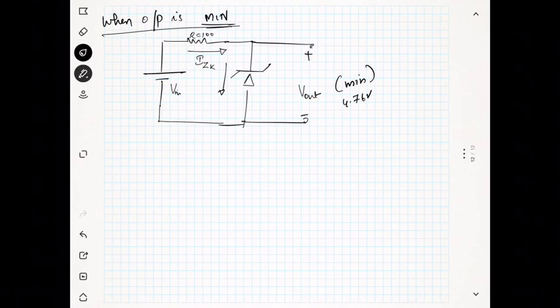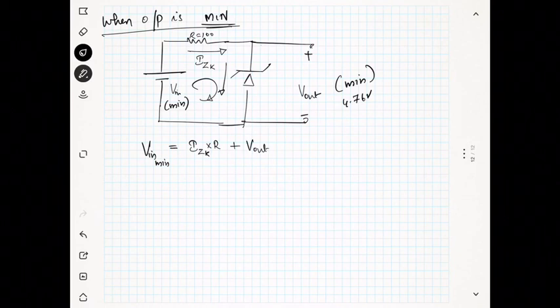So the voltage output becomes minimum when the input becomes minimum, right? So this is V in minimum. If you write the Kirchhoff law in this loop, you will get V in minimum is equal to IZK into R plus V out minimum.